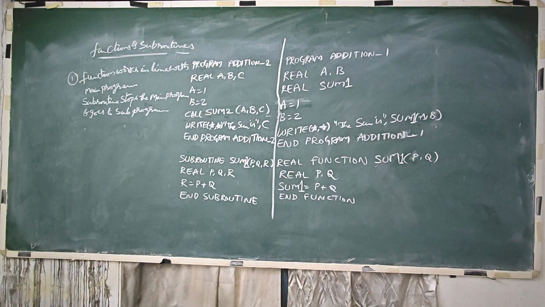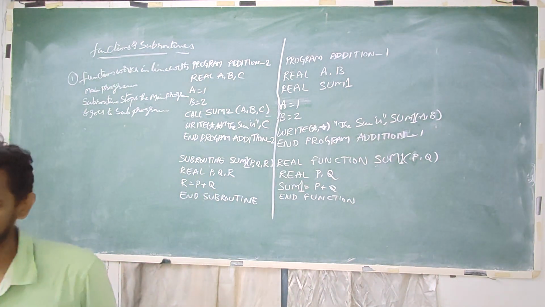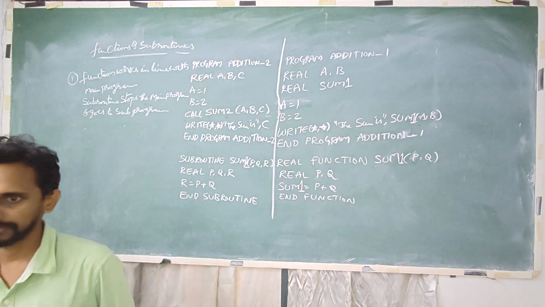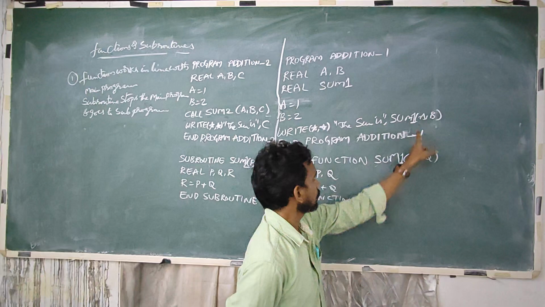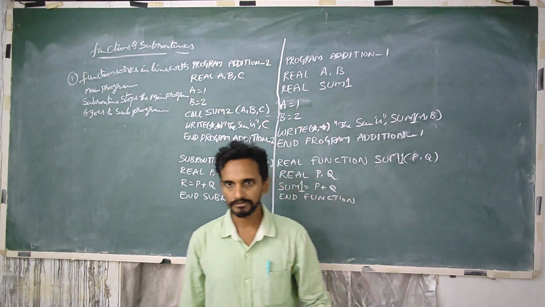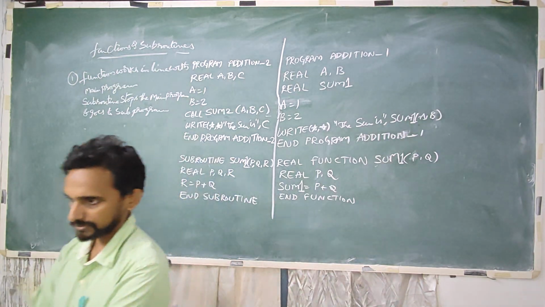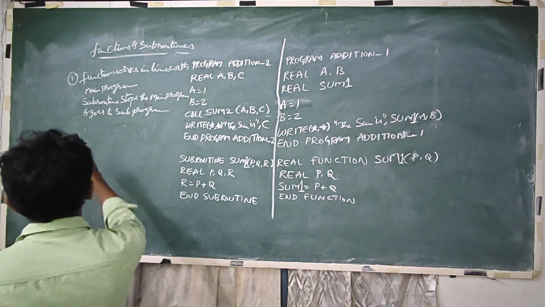Next one, both function and subroutine take the input by reference. So first variable will be passed on to first location, second variable will be passed on to second location. So both function and subroutine take input by reference.